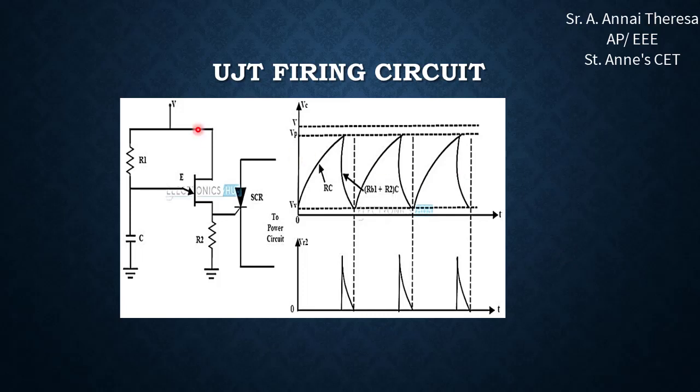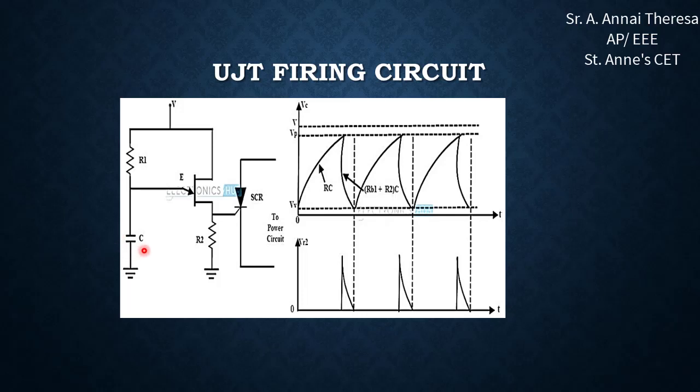Now let us consider we apply the supply voltage. When the voltage is applied, the capacitor starts charging through this variable resistance. By varying this resistance, the voltage across this capacitor will get varied.